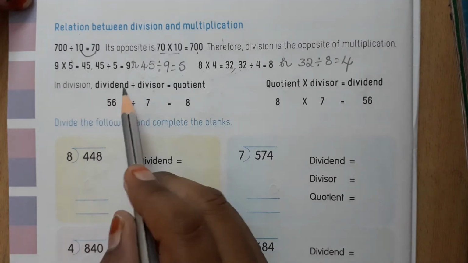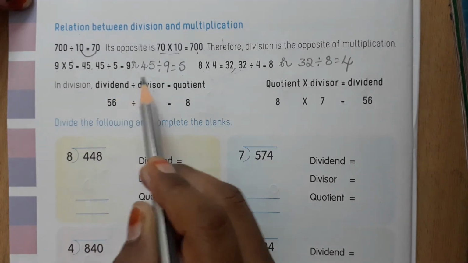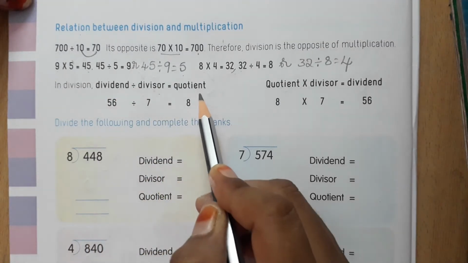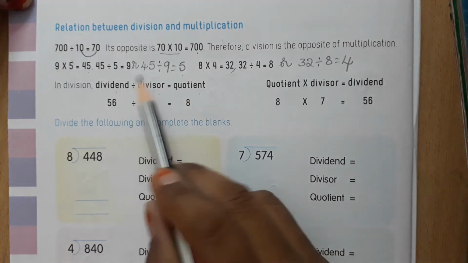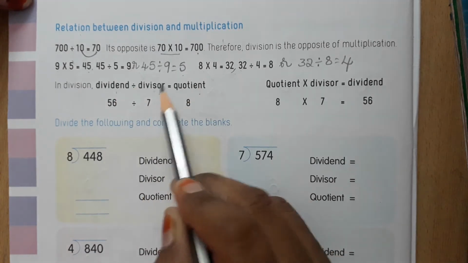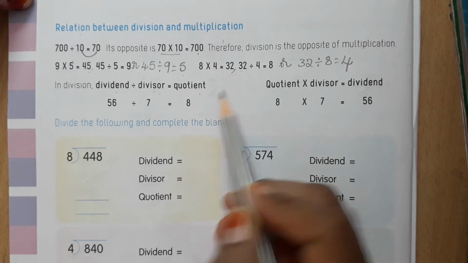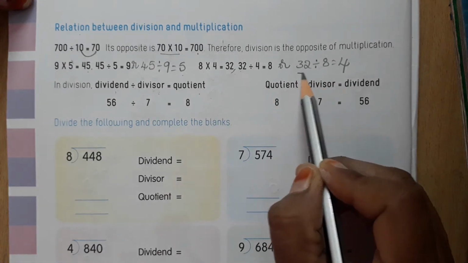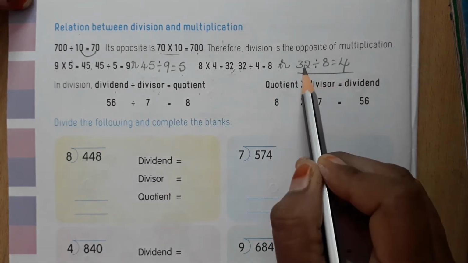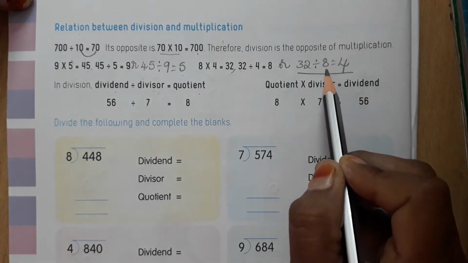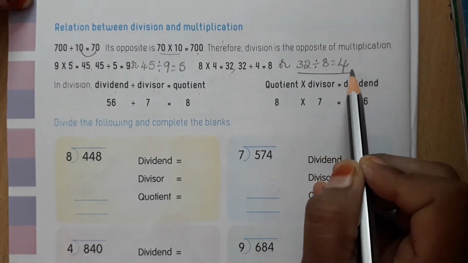In division, dividend divided by divisor is equal to quotient. So, in this statement, this is called dividend, divisor and quotient.